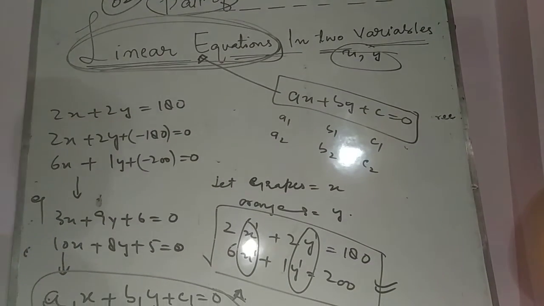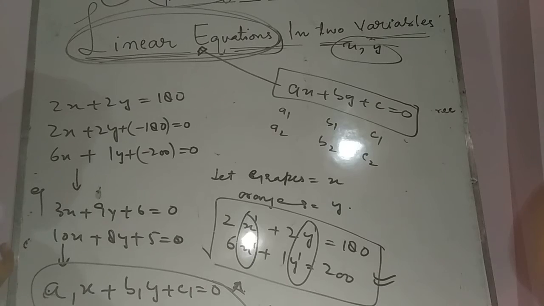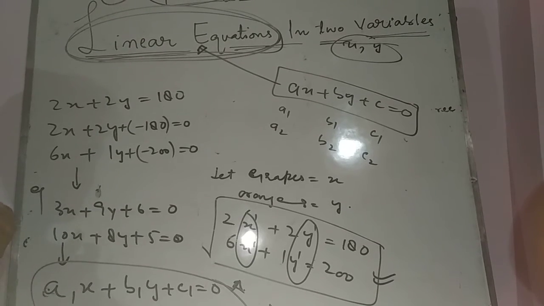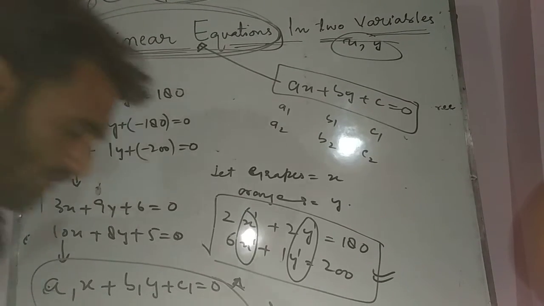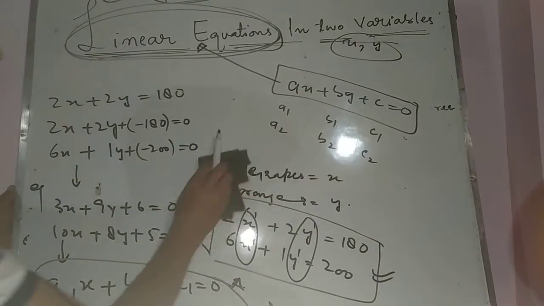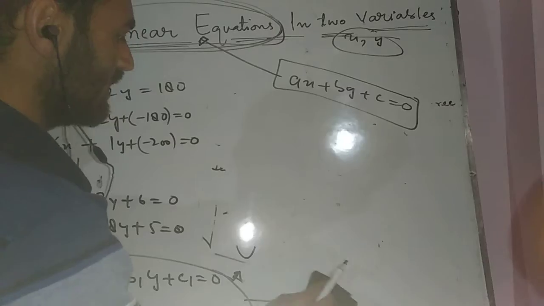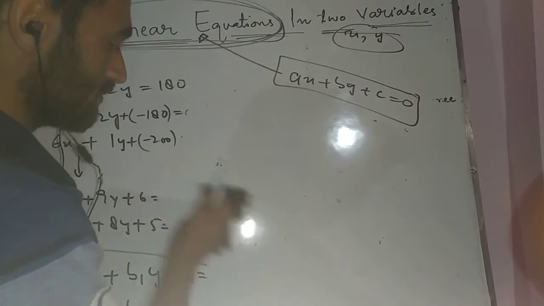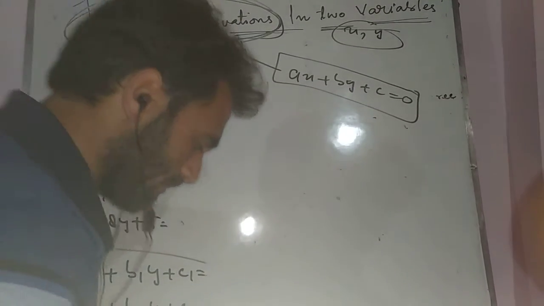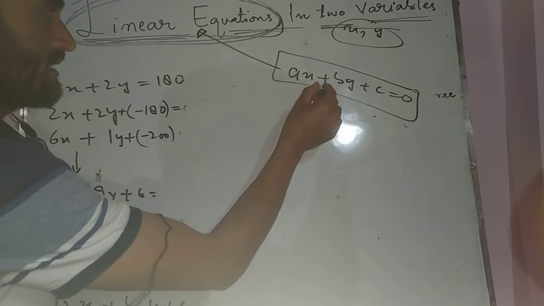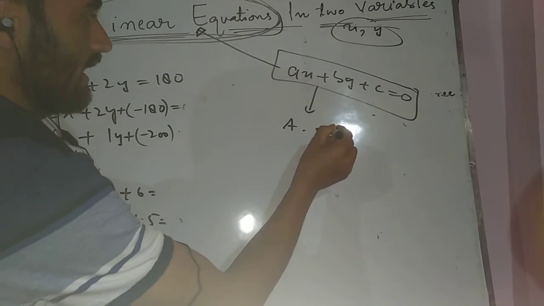The degree is 1. What does it convey to us? What is its geometrical representation? For this, you must know what the geometrical representation of a linear equation is. You know, a linear equation in a plane represents a straight line.